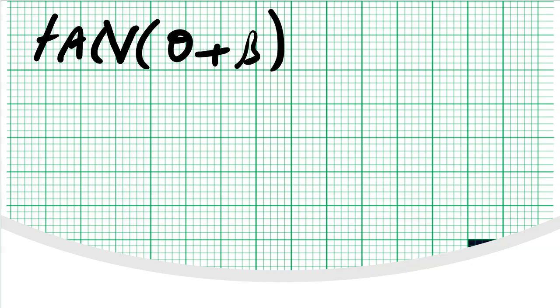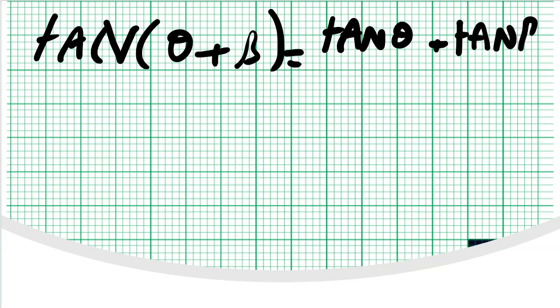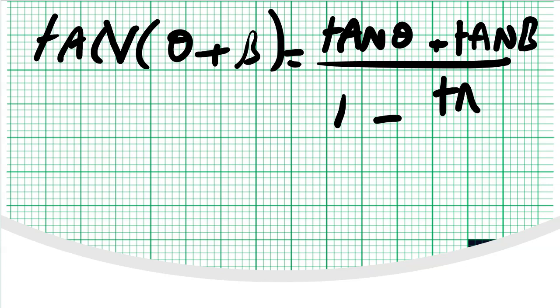So the final answer of this identity, tangent of theta plus beta equals tangent of theta plus tangent of beta, over 1, and then since the cosine changes the sign, minus a product in the denominator, the product of the two ratios, tangent theta times tangent beta. And this is the first, after 16 or 17 lessons, the first identity that unfortunately you need to memorize.